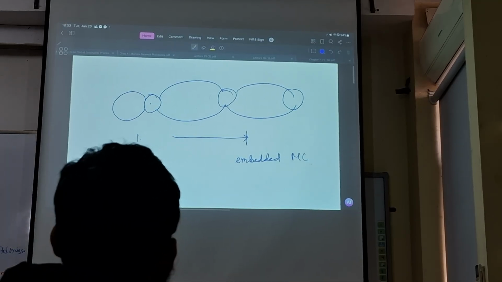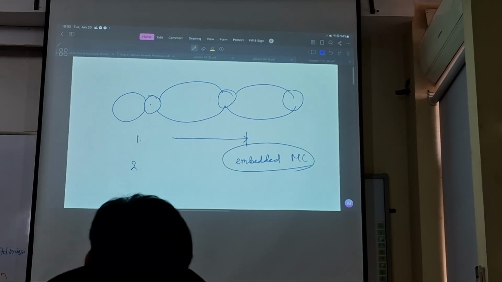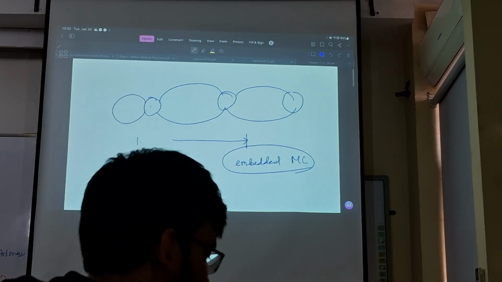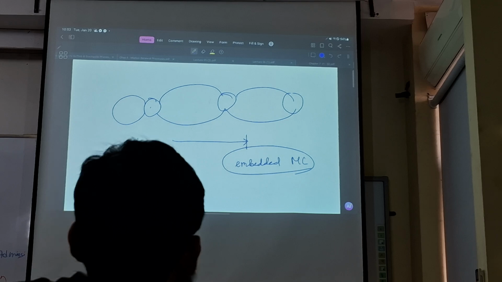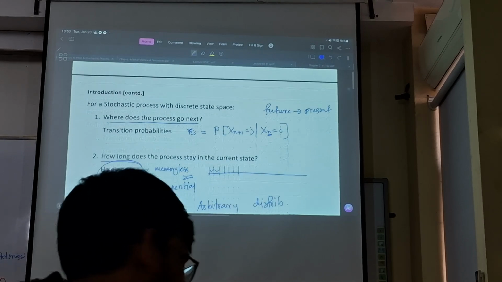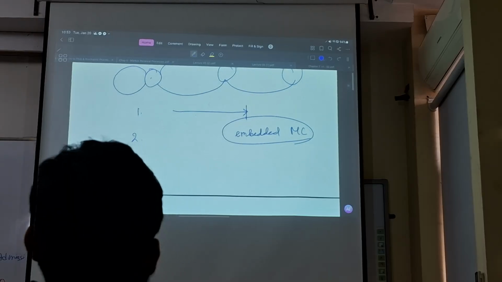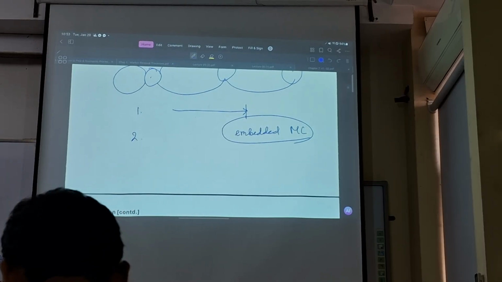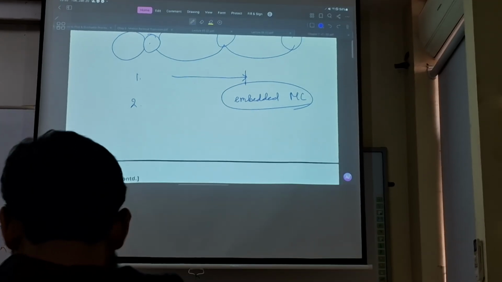What is an embedded Markov chain? Only the transitions, ignoring the holding time, is a pure Markov chain. We call such a process an embedded Markov chain, and for an embedded Markov chain, we can apply all the rules that we have studied in detail.